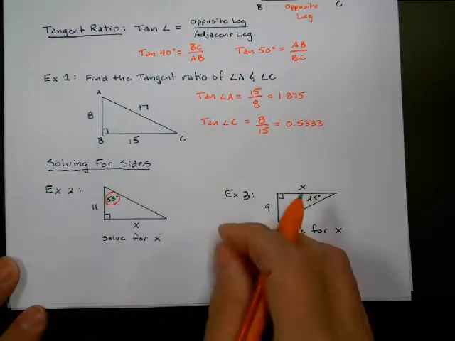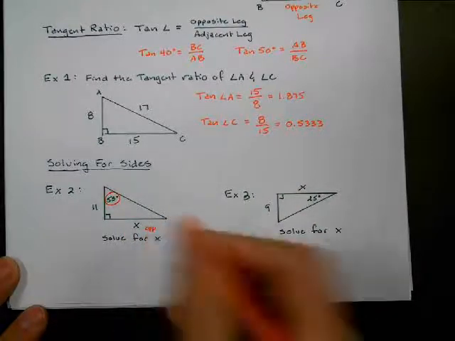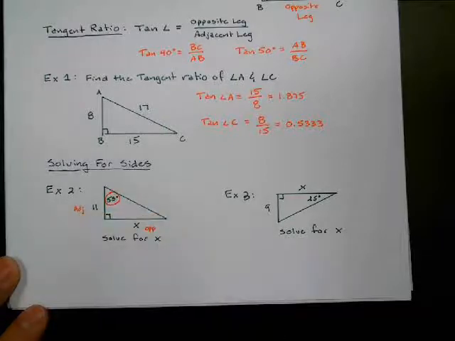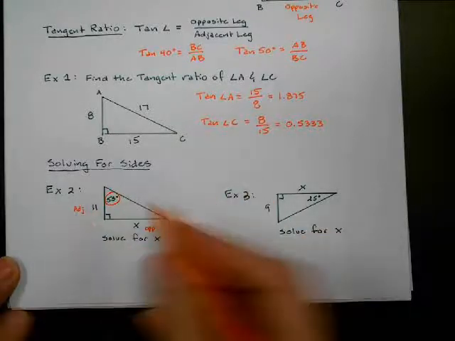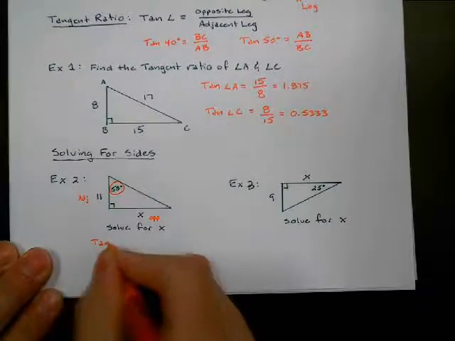And over here, this would be the opposite leg. And this one would be the adjacent leg. Okay, so I'm going to set up a trig problem. I only know tangent right now, so let's do tangent. So tangent of 58 degrees.